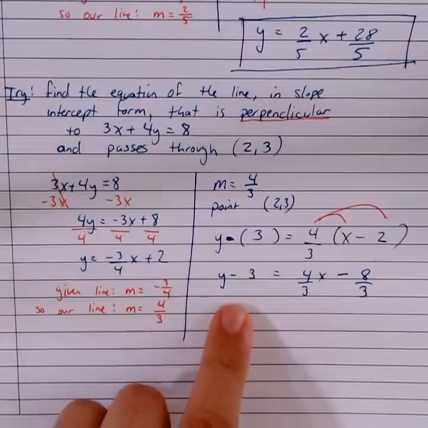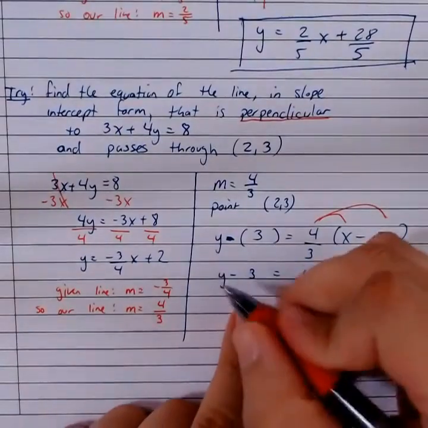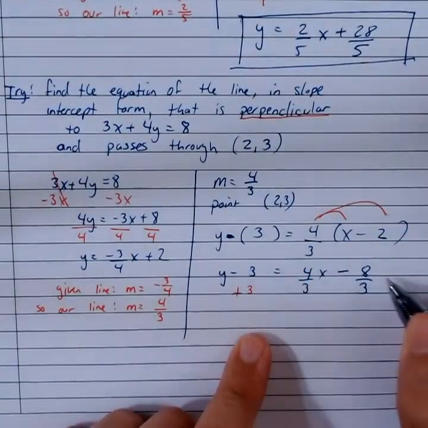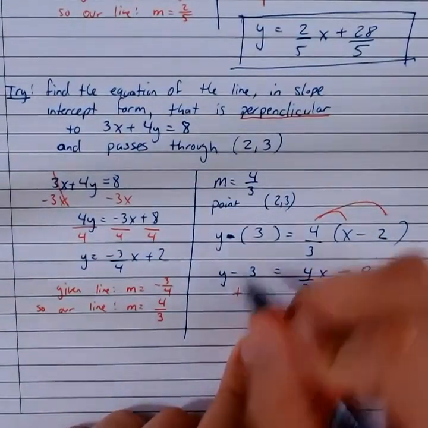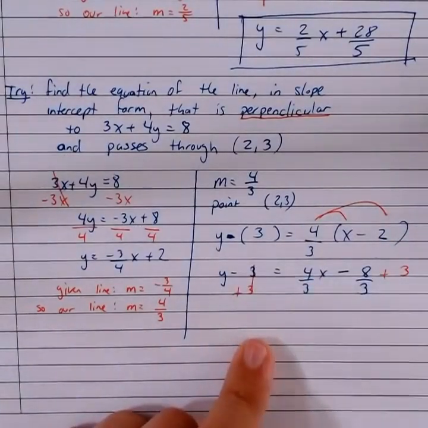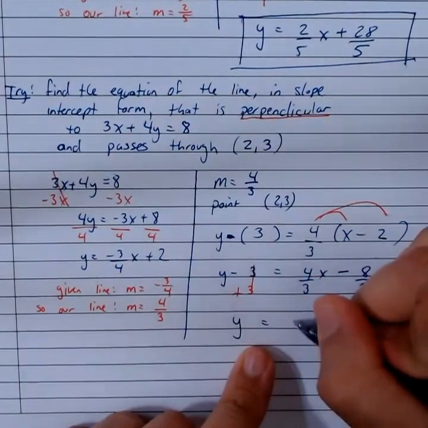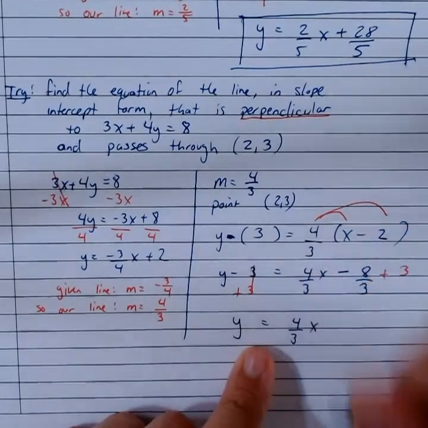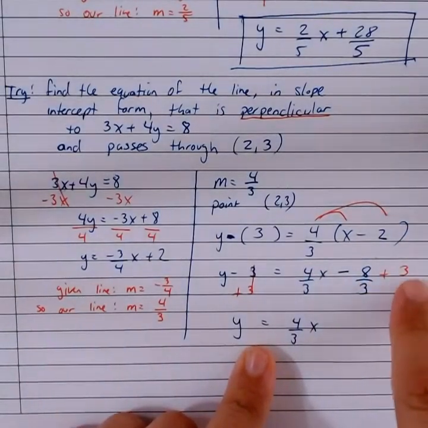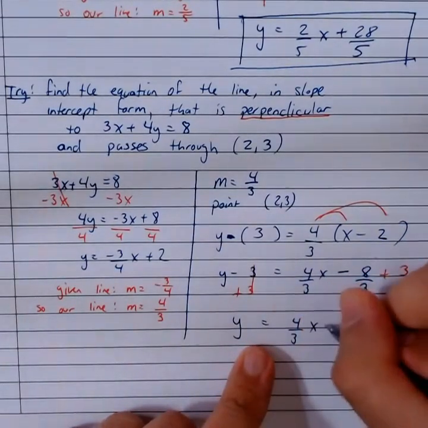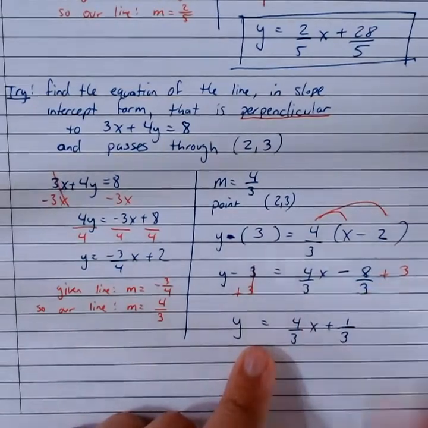Finally, we want that y by itself, so let's add 3 to both sides. That goes away, and we get y = 4/3 x. Here, these are going to need a common denominator. 3 is the same as saying 9/3. So 9/3 minus 8/3 is going to be a positive 1/3.